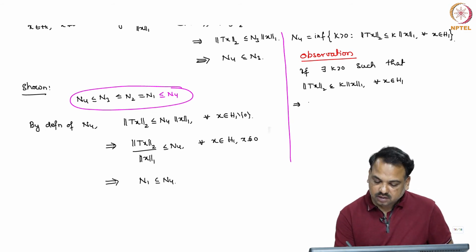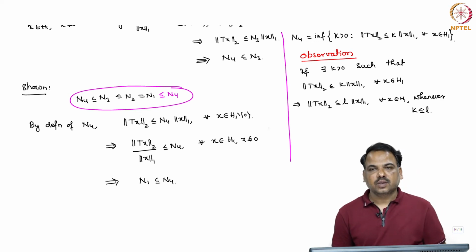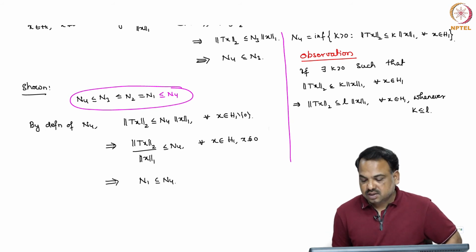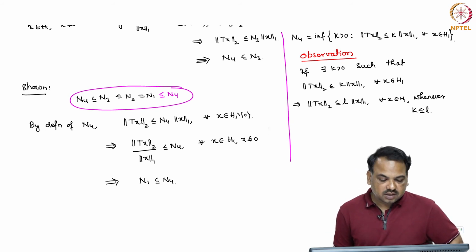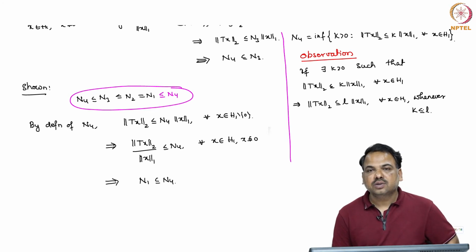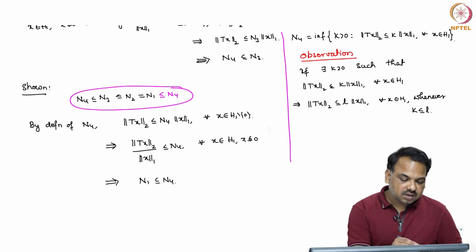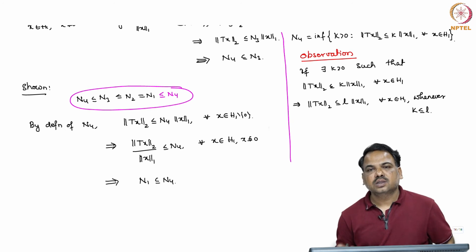This implies norm Tx is less than or equal to L times norm x for every x in H1 whenever k is less than or equal to L. Any number bigger than k also satisfies the same condition, but the fourth condition, whatever we have defined as N4, says that you have to choose the smallest number satisfying the condition norm Tx less than or equal to k times norm x.